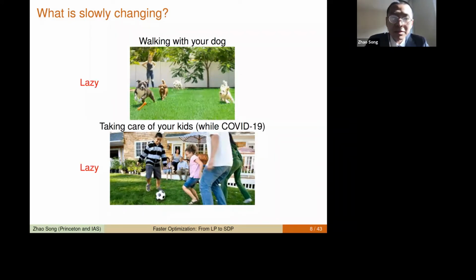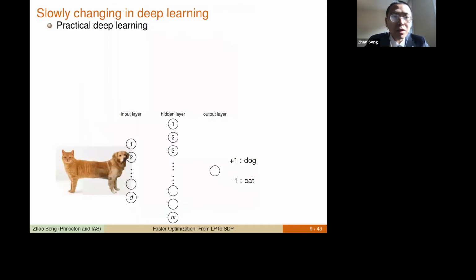The strategy used by humans in the two pictures is something called lazy. In practical deep learning, for example, if you have a neural network and you want to classify whether an image is a cat or a dog using a one hidden layer neural network, and you plot the weights between all the layers, you will see they are very small.